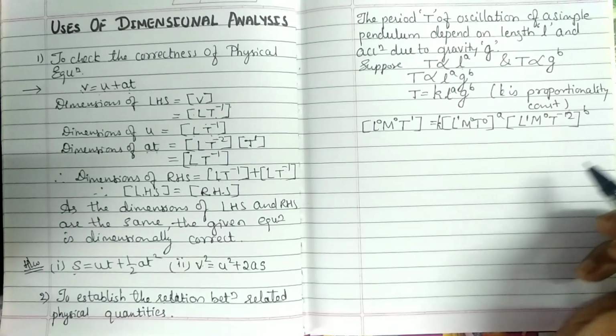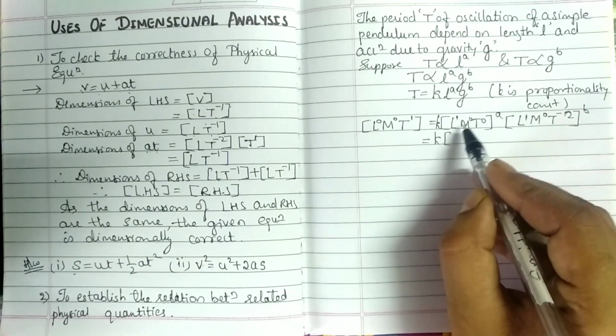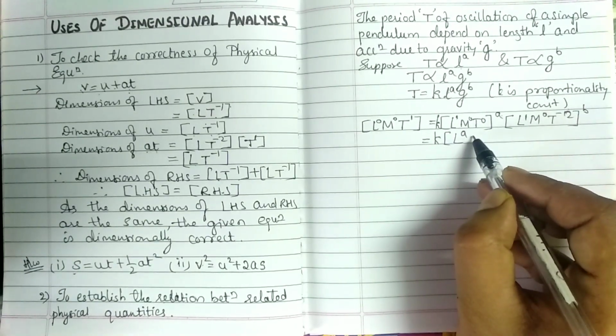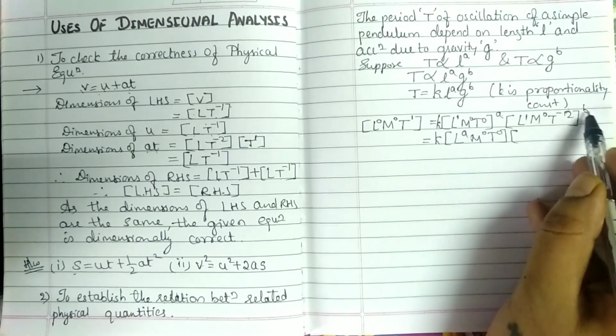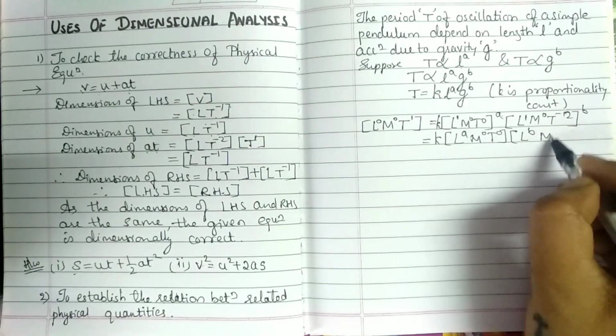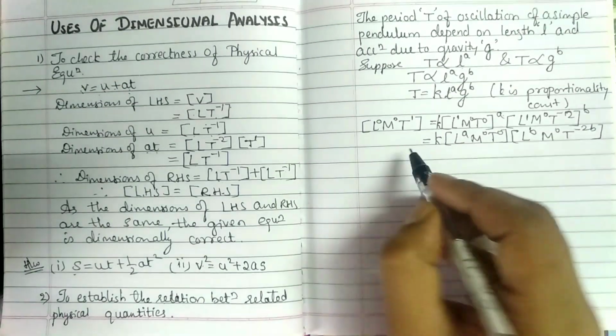If you solve this by applying indices, L raised to A, M raised to 0, T raised to 0, and B if you take inside, it is L raised to B, T raised to minus 2B.